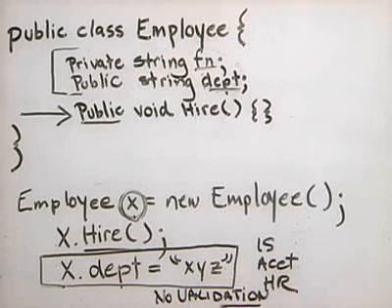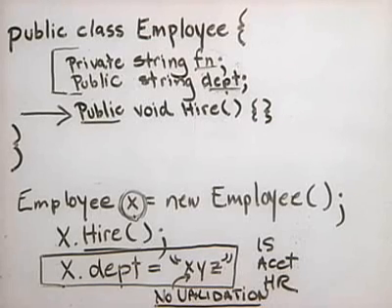I don't have the opportunity to check what the user of my class has passed to the department data member. There are many techniques to getting the department data member modified or to read the data member called department. But one of the things we're seeking to avoid is to make the data member publicly available. We're going to be exploring different ways of changing, reading, or writing that department data member.